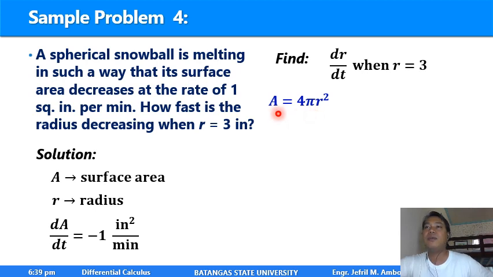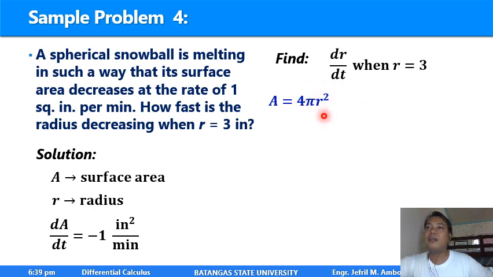So, we differentiate both sides of this equation with respect to t. What is the derivative of A with respect to t? Of course, that's dA over dt. And what's the derivative of this with respect to t? 4 pi is just a constant multiplier. How about r squared? Of course, we use chain rule. The derivative of r squared is 2r, but it's with respect to t, so we're not done yet.